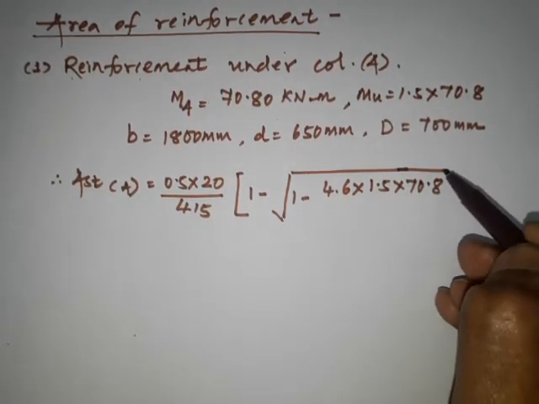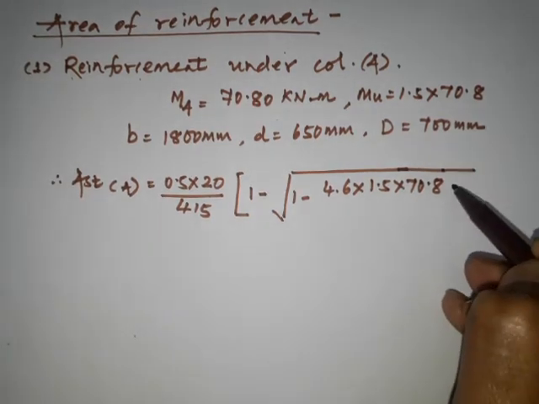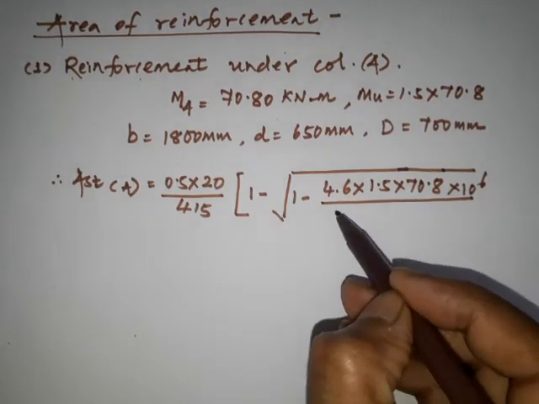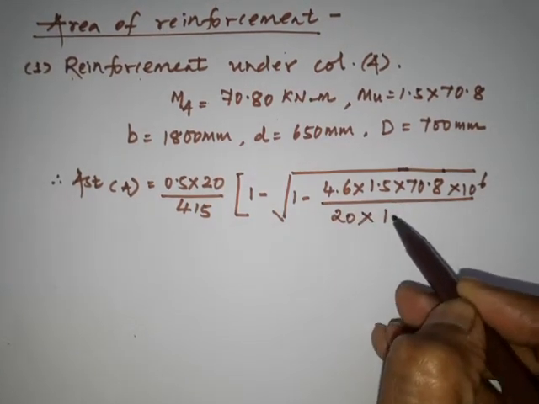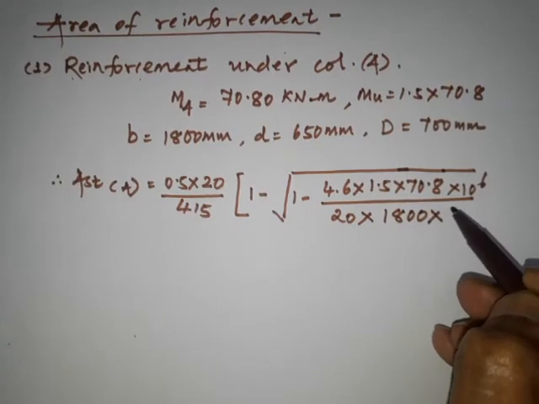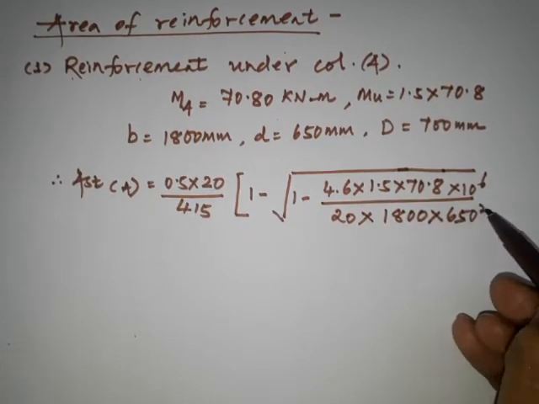Mu into 10 to the 6 divided by FCK BD square, where FCK is 20, B is 1800 and D is 650 square.